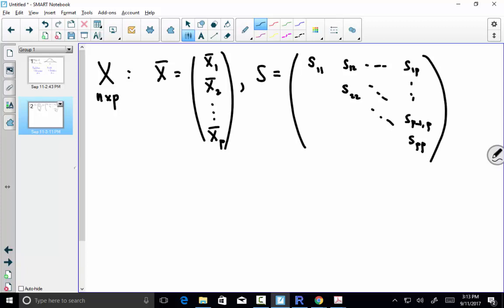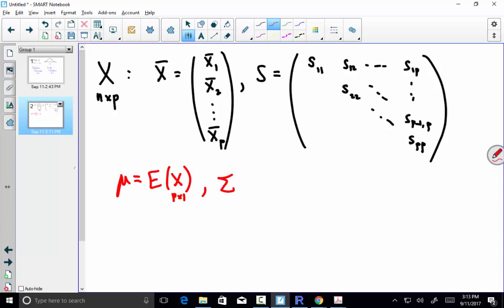The way that we compute these, so for the population parameters, the vector mu is the expected value of any one p by 1 random vector that we're observing. What's the average p vector from this population?